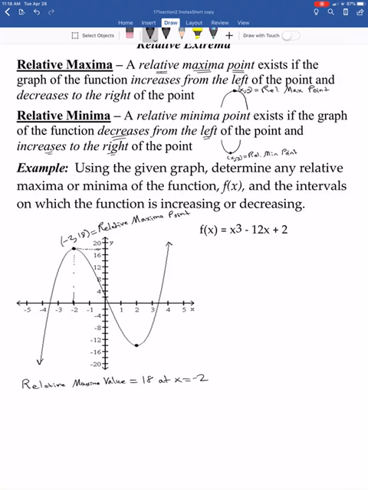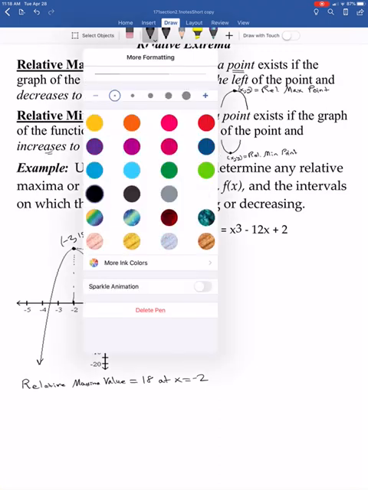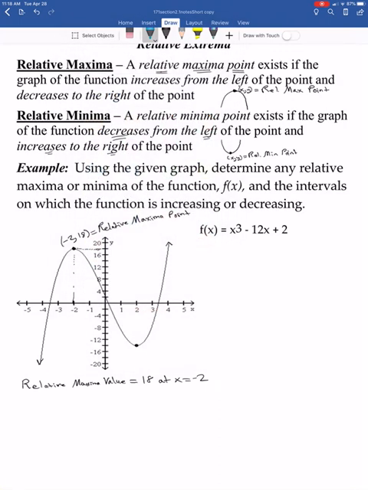Now you also see in this graph another turning point, right? Down here at the ordered pair right here is a relative minima. At this point, it changes from decrease to increase. So up here at the max, it went from increase to decrease, increases from the left of -2, decreases to the right of -2.